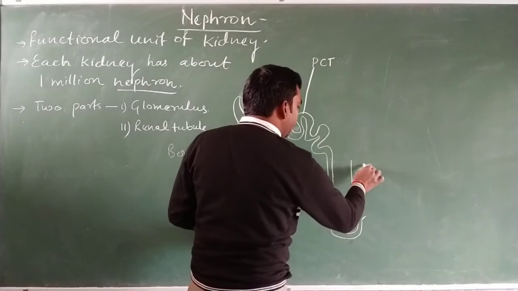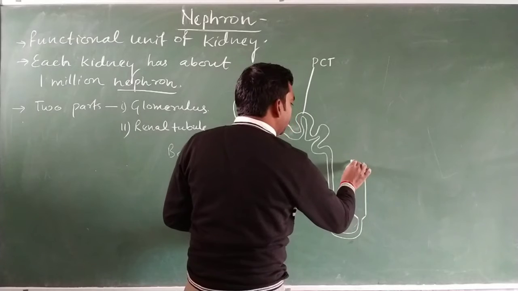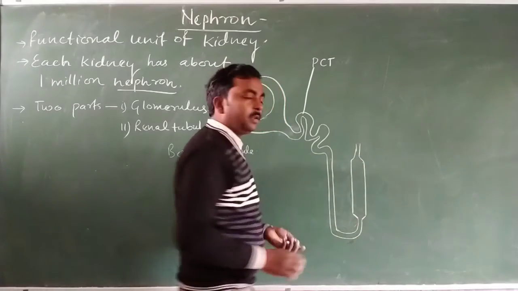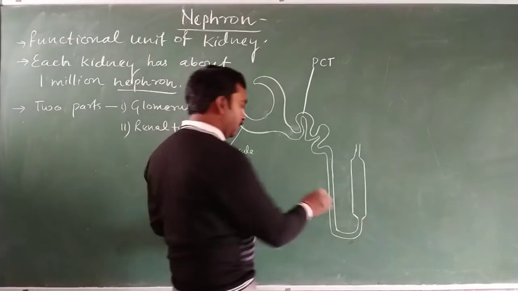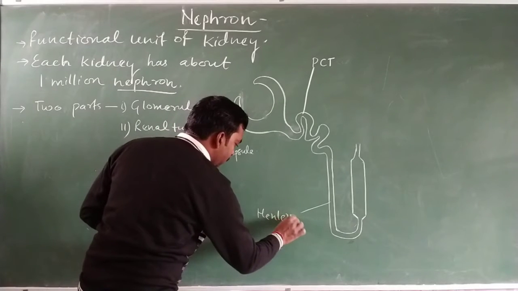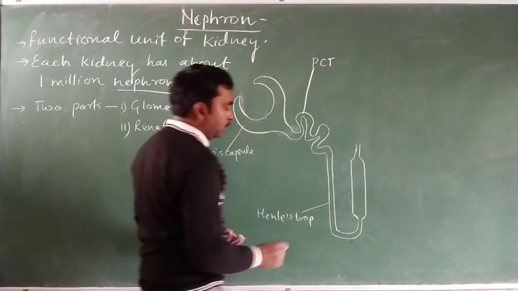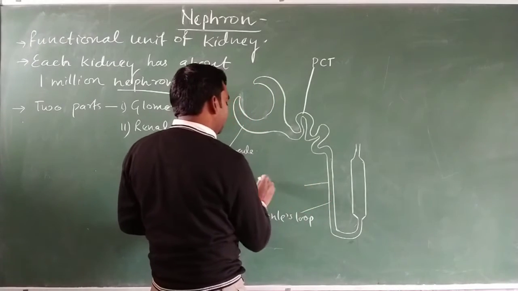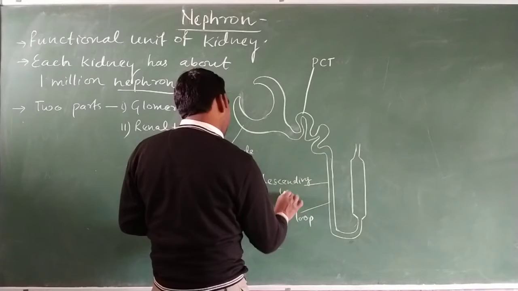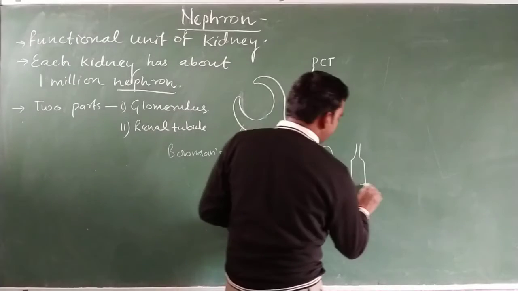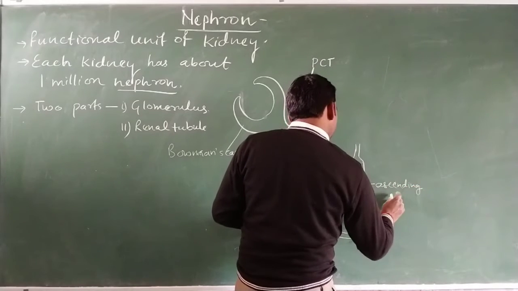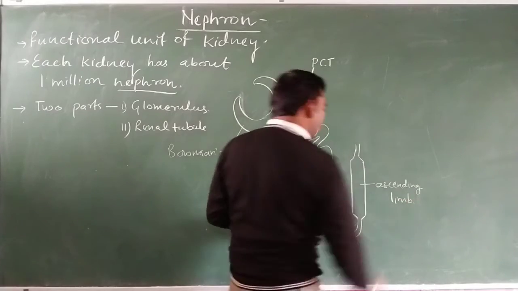These two tubular structures form a hairpin-like or loop-like structure, which is known as Henle's loop. This one is the descending limb, and this one is the ascending limb of the loop of Henle.